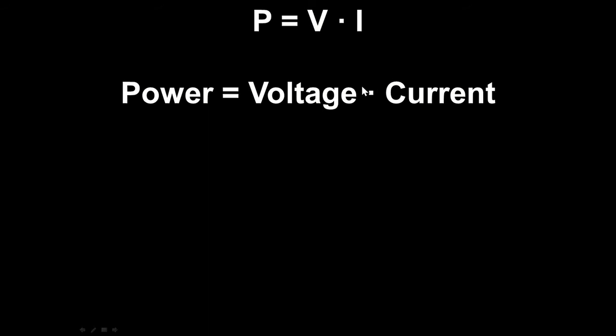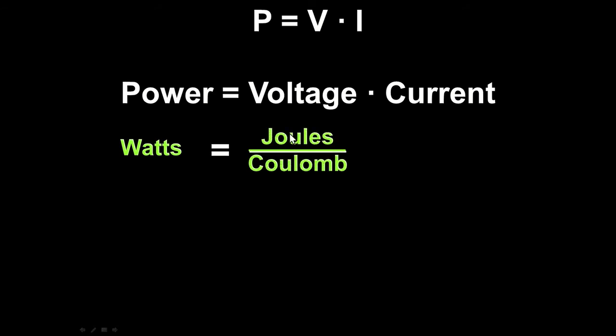Another equation we can develop, and it should make sense, this is not just magical and mysterious, but if we look at the units of this equation, hopefully it will make sense. Power was how quickly we did work. It was measured in watts. Voltage is how much energy there is per charge. Current is how many charges go by every second.